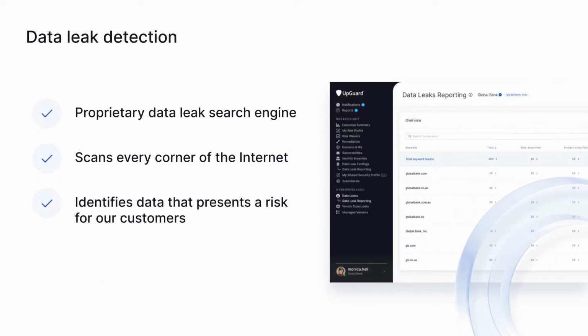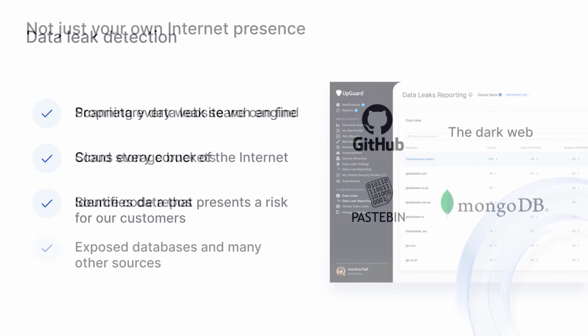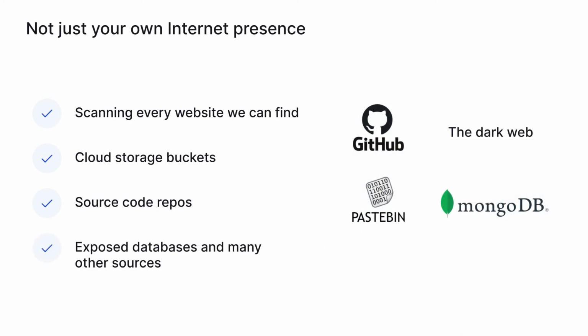I'll start with data leak detection. We've built a proprietary data leak search engine which scans every corner of the internet and identifies data that presents a risk for our customers. Think passwords, source code, customer records, anything that belongs to a customer but shouldn't be exposed to the internet. We're not just looking at our customers' own internet presence.